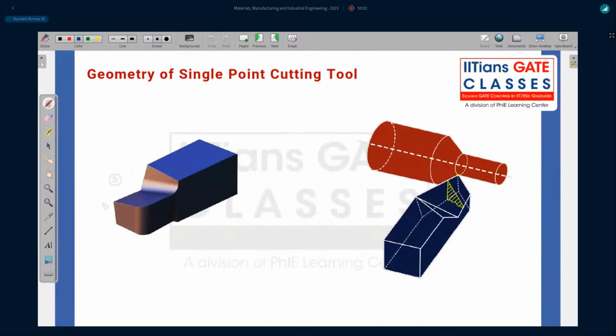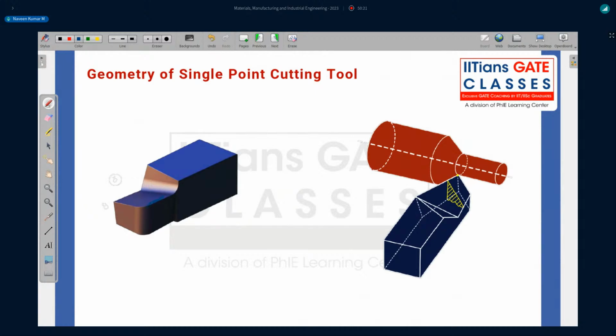So now we are in single point cutting tool. Let's discuss in detail the geometry of the single point cutting tool. Why is it single point? Because of the cutting edges.